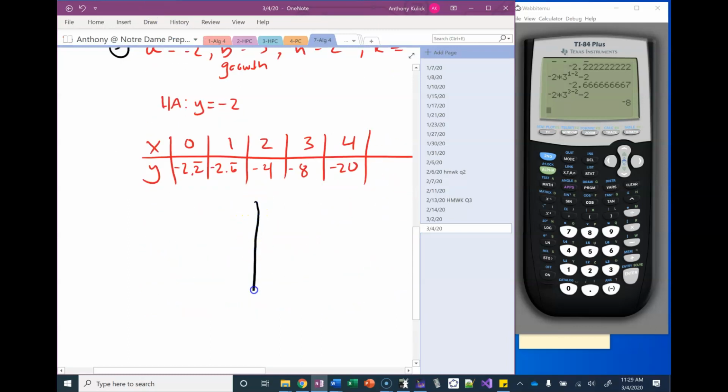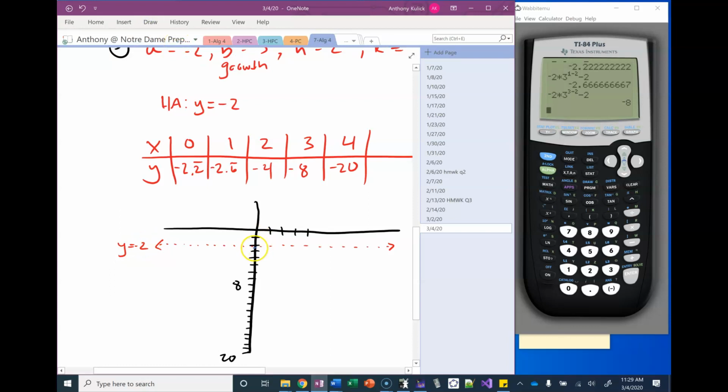Let's kind of draw our XY axis and plot our stuffs here. First thing I like to do is draw in my horizontal asymptote. So there's my horizontal line that goes through negative 2. And then we'll plot some points.